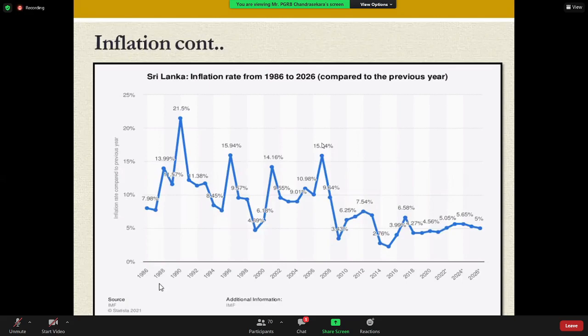See, just see how much difference there is. See from 1986 to about 2010, see the price level or the inflation, how it has changed. And these are predicted ones.